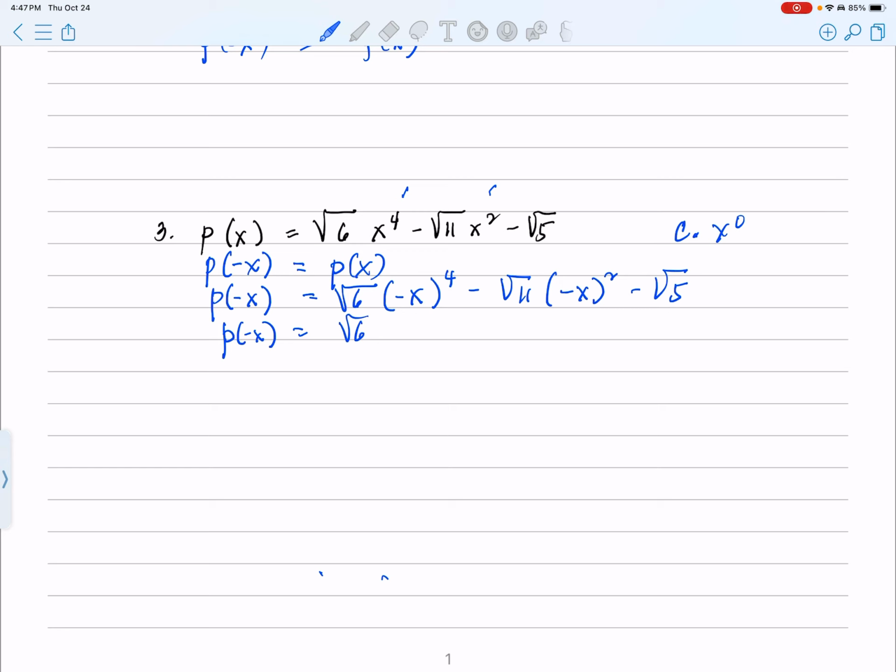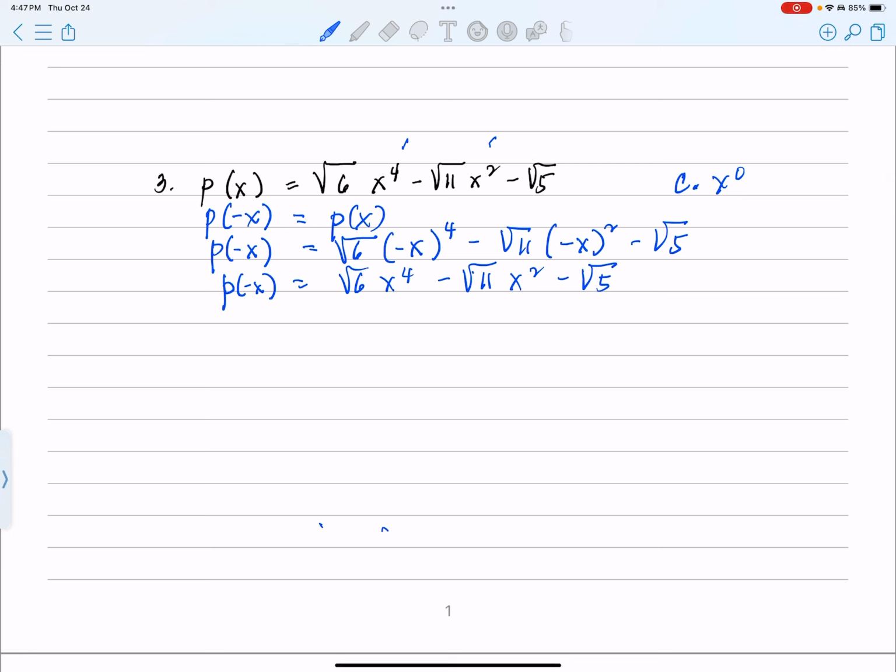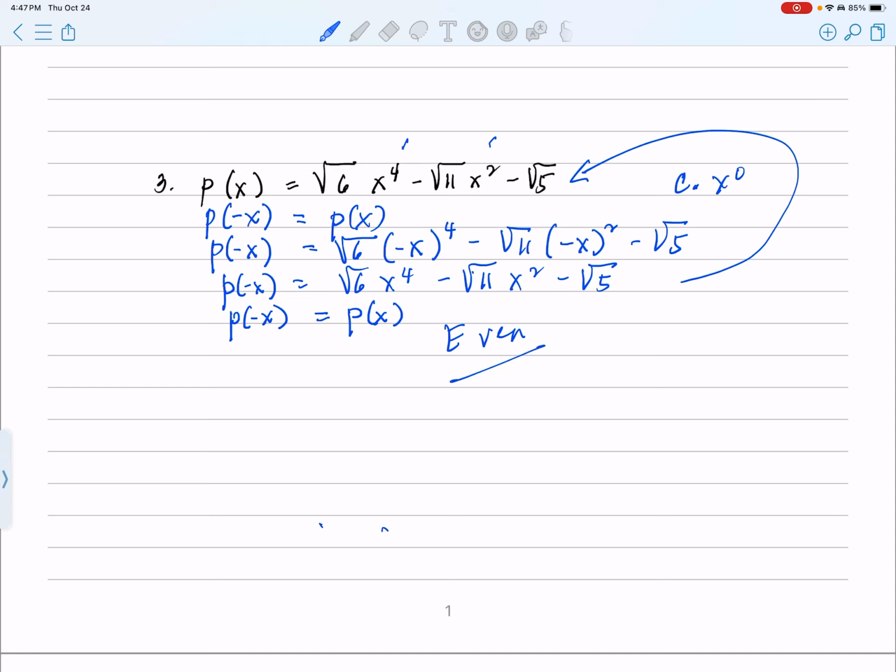So you have square root of 6x to the fourth power minus, negative x squared would be a positive, so square root of 11x squared minus square root of 5. So what do we have here? Isn't it the same as the given function? So therefore you could say that p of negative x is equal to p of x. So this is an even function, because it's equal to the original function.